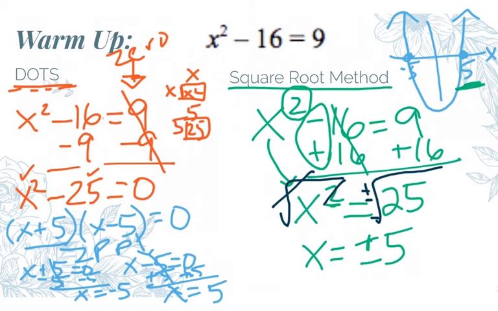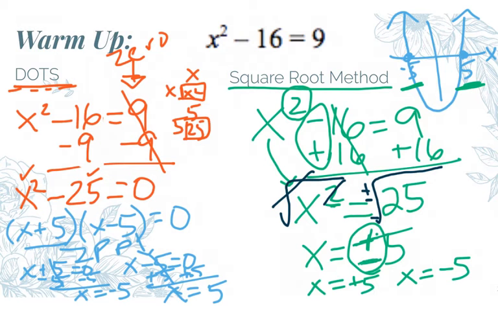We have a positive 5 here and a negative 5 here. And remember, this symbol means x equals a positive 5 and x equals a negative 5. They just don't like writing it out, so they like using that shorthand of this plus minus right on top of each other.